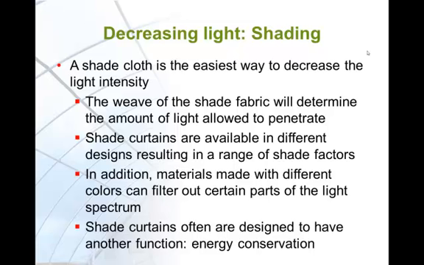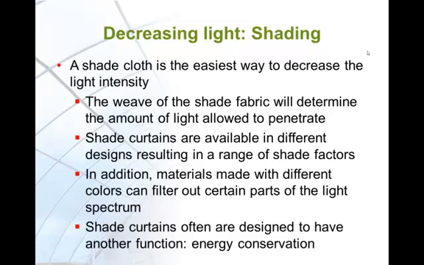Generally, the weave of the shade fabric will determine the amount of light allowed to penetrate, and shade curtains are available in different designs, resulting in a range of shade factors. Some shade curtains also have different colors and can filter out certain parts of the light spectrum. So you can do a lot by selecting shade curtains.